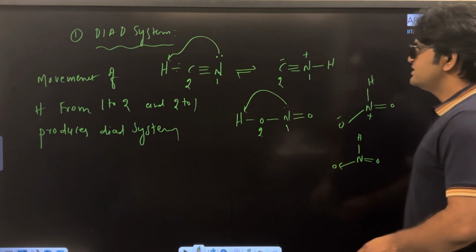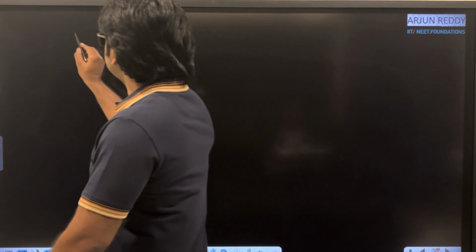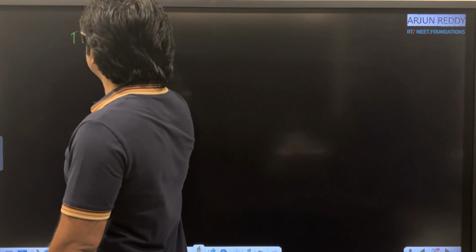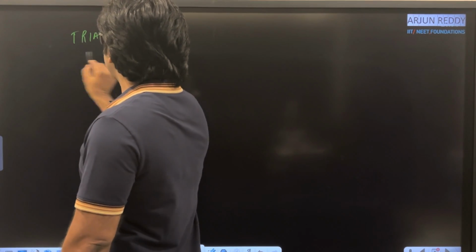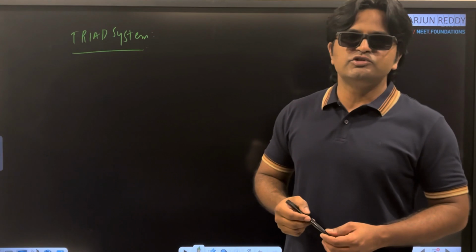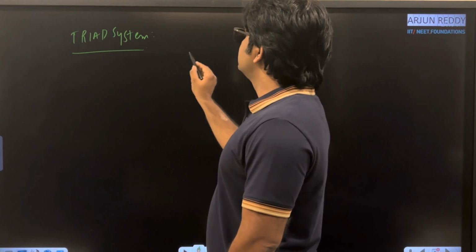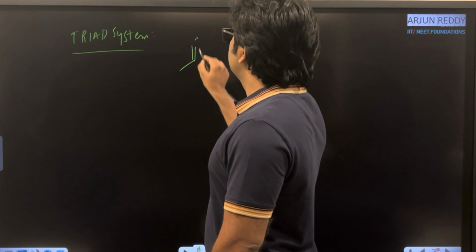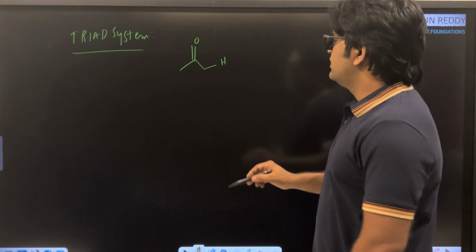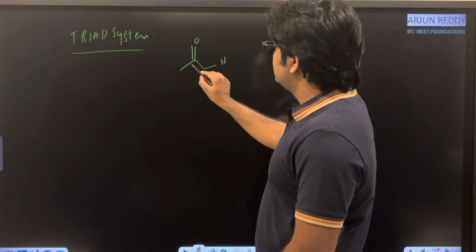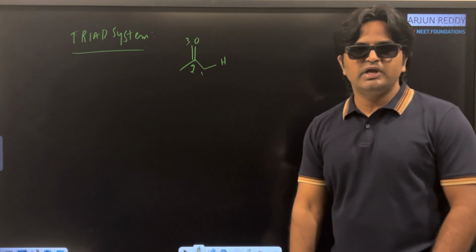Second system, triad system. Triad system is nothing but the 1-3 position, right? Very good example, the same previous example: C double bond O H I am taking. And here I am taking the first, 2 and 3, that is 1, 2, 3 atoms.